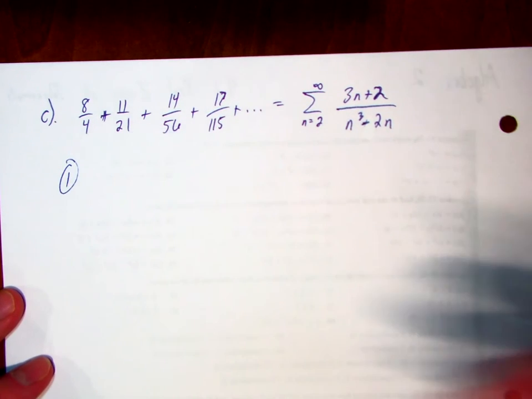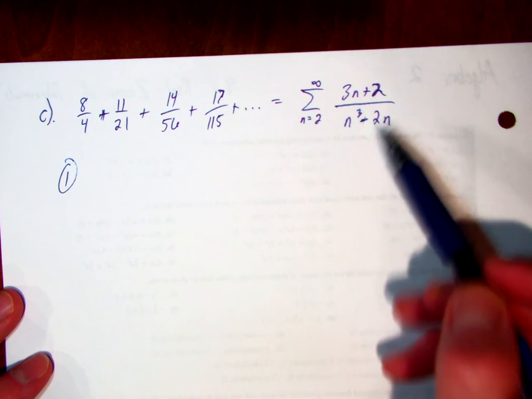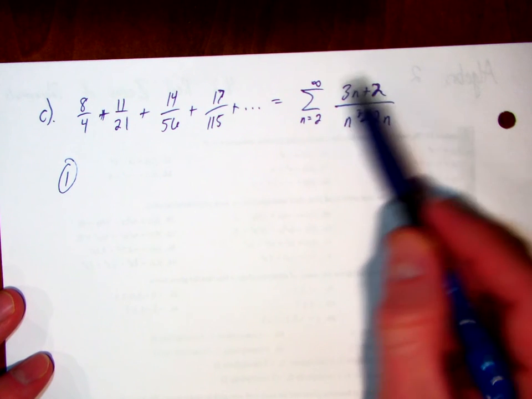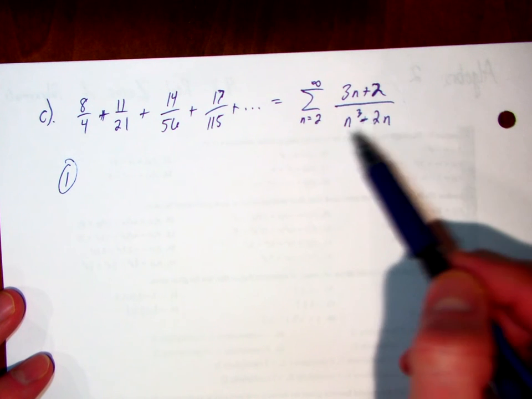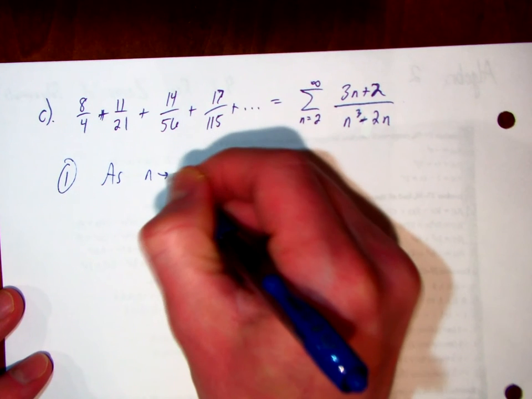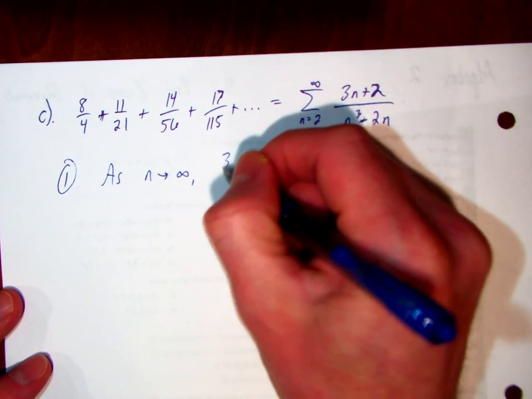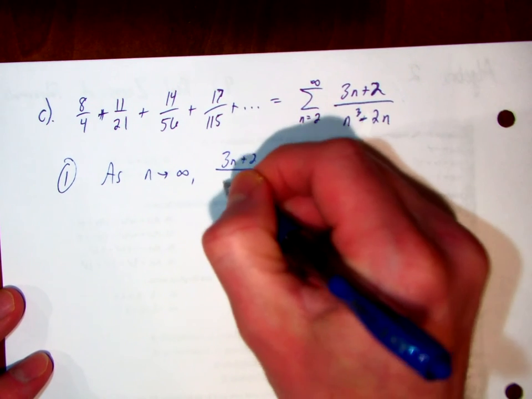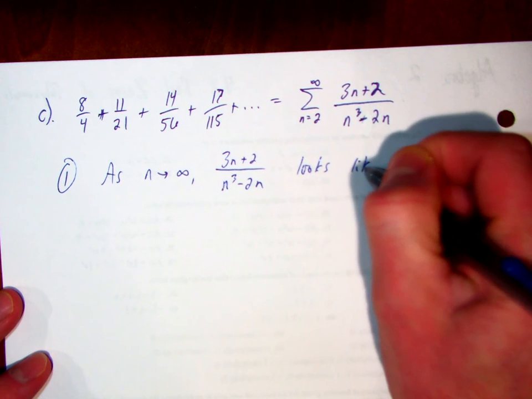Okay. Last one here, example C. We want to compare this to something. The sum from 2 to infinity of 3n plus 2 over n cubed minus 2n. As always, say what's going to happen to this as n goes to infinity. 3n plus 2 over n cubed minus 2n looks like what?